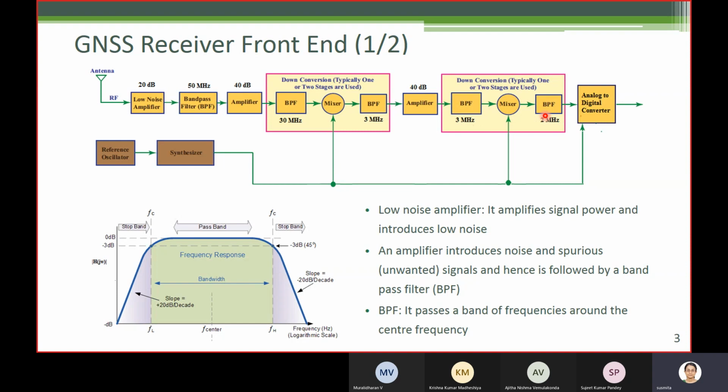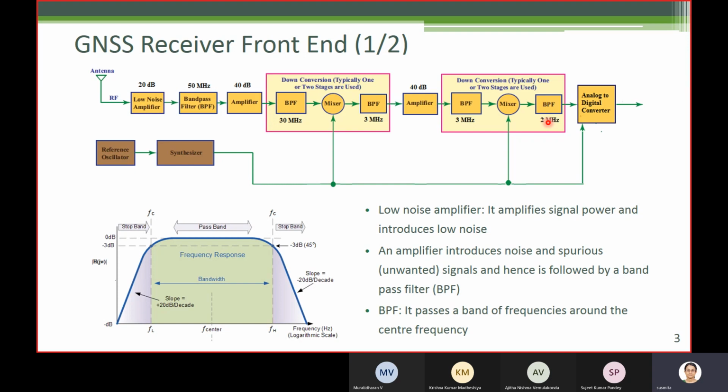Now we are considering only CA code. CA code has null to null bandwidth of 2.046 megahertz. So roughly it is shown as 2 megahertz. So the pass band can be 2 megahertz. You cannot go below 2 megahertz. If you go below 2 megahertz, you will distort the signal. So it should be at least the null to null bandwidth or more than that.